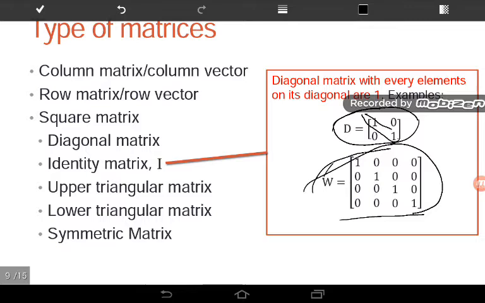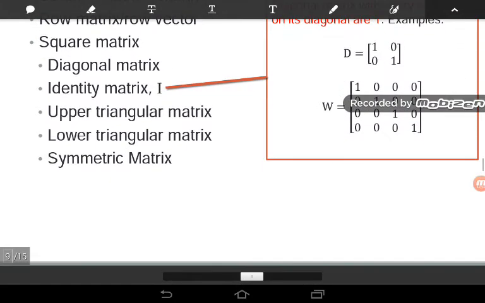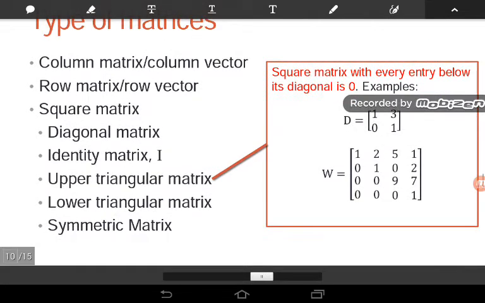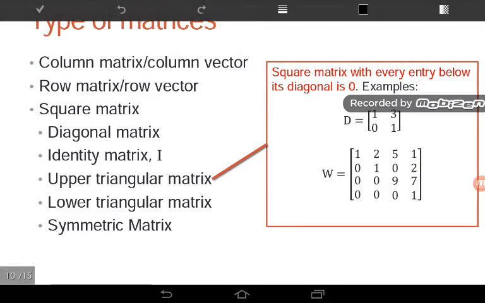Next, upper triangular matrix. What is an upper triangular matrix? An upper triangular matrix is a square matrix with every entry below its diagonal being 0.